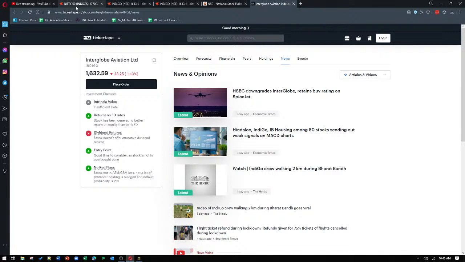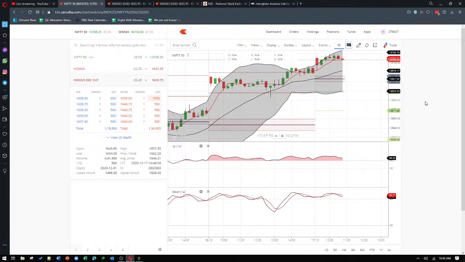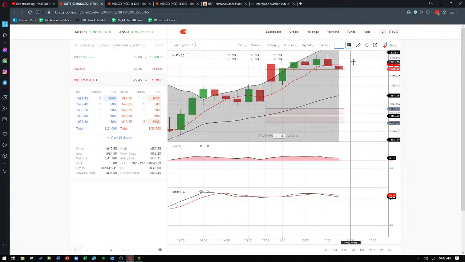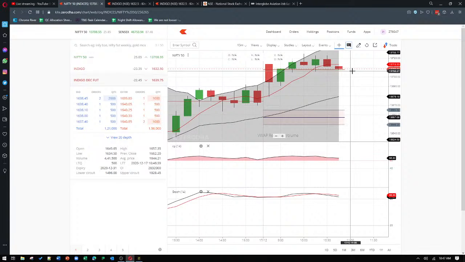And what about Nifty? Okay, so Nifty's last candle closed below the 5 period moving average, and the current candle is playing at the resistance level. If this is breaking, then we can see some impact on Indigo also. We'll see whether it is sinking or not.